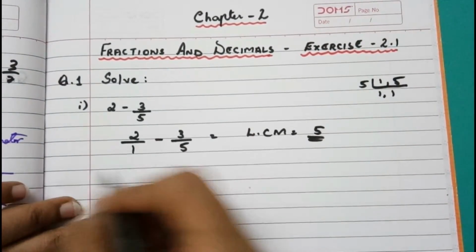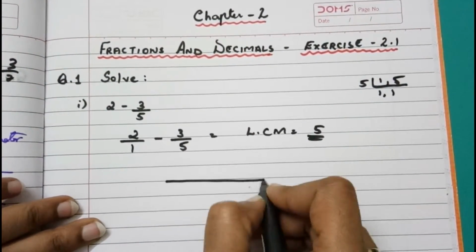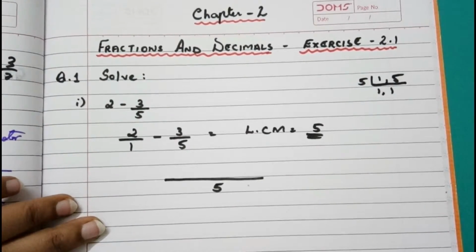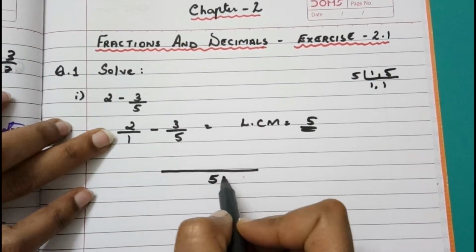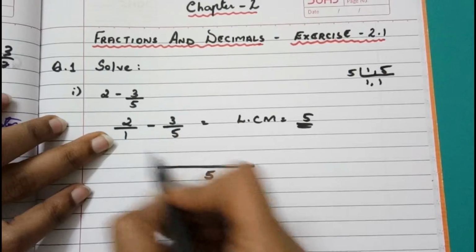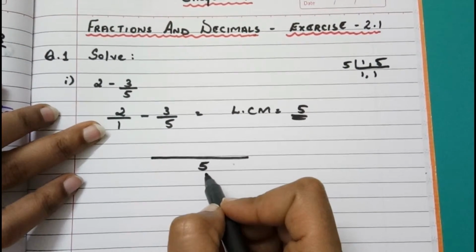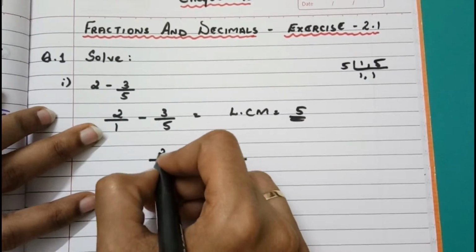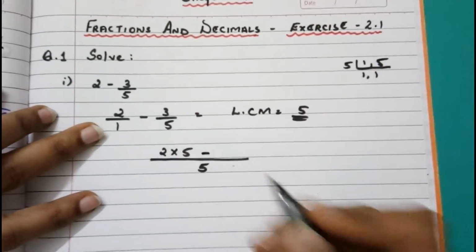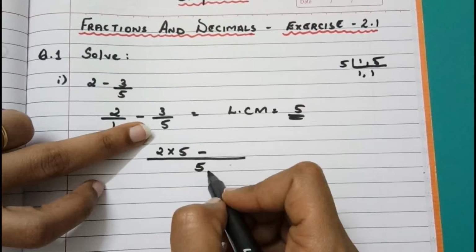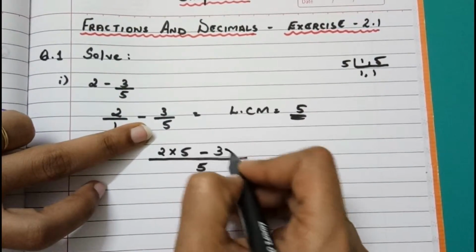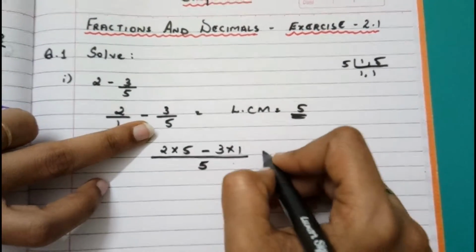Okay, so now let's start the calculation. Here LCM is 5. Now for 2, the denominator is 1, so 1 will go in 5 how many times? 5 times. So 2 into 5 minus 3 into 1, because 5 will go in 5 one time. Clear?